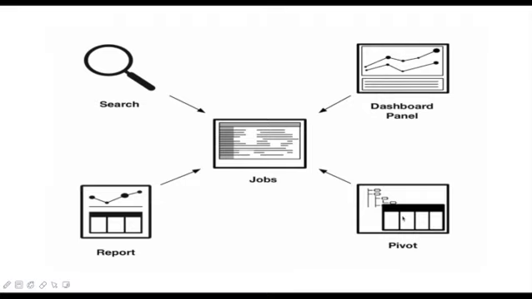A pivot automatically creates searches when you drag and drop the fields as per your requirement. So for everything, a job is running to manage your searches. So this is all about jobs.